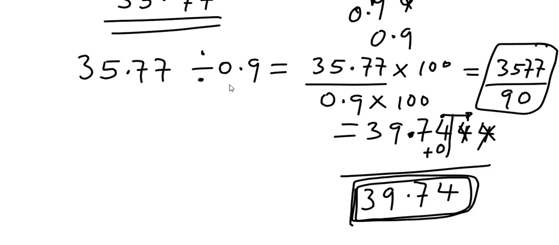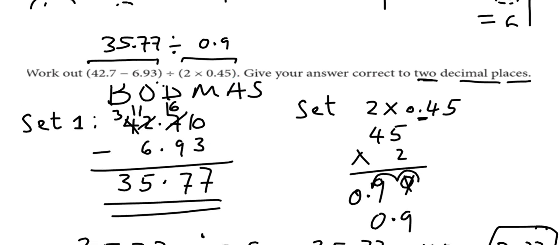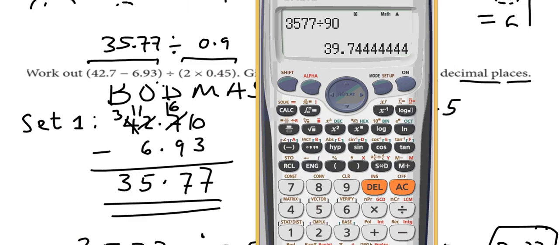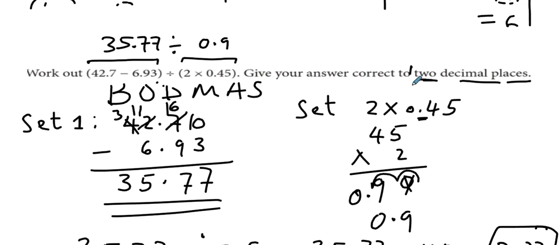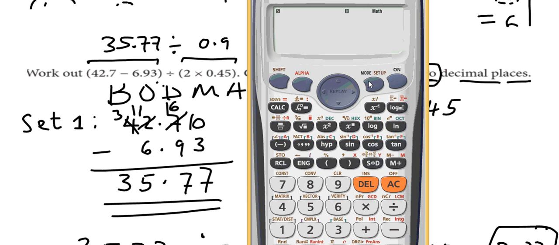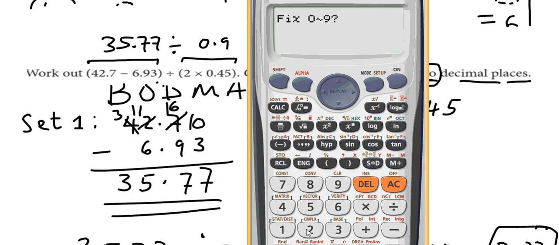You can use your calculator to check your answer by putting this calculation in your calculator. But before that, you have to fix your calculator to 2 decimal places. So shift, fix your calculator to 2 decimal places, and then compute.